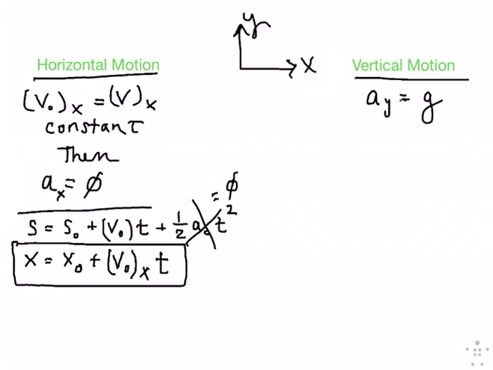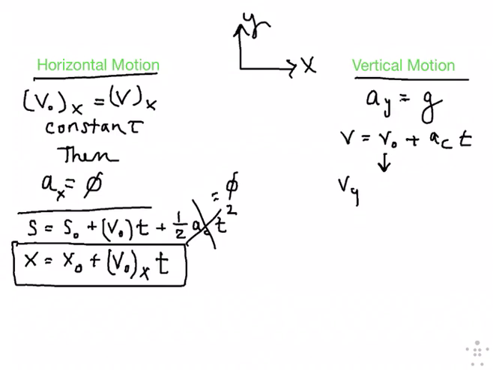And in the vertical direction, we have our vertical motion, and we cannot say that the velocity is constant in the y direction. So we actually have our equation v is equal to v sub 0 plus ac t, and we're going to make this in the y direction.